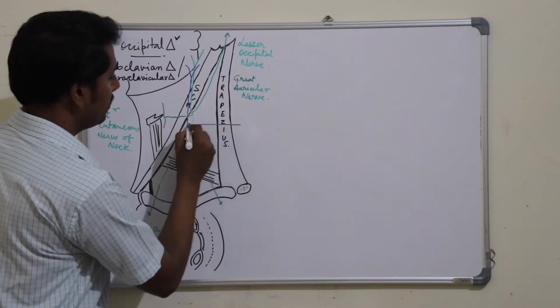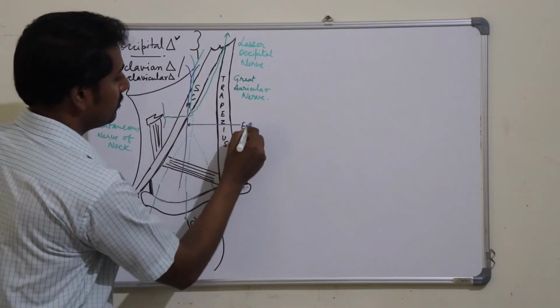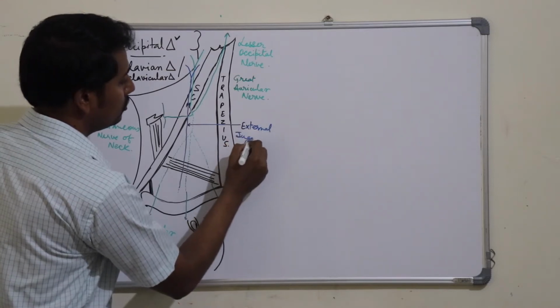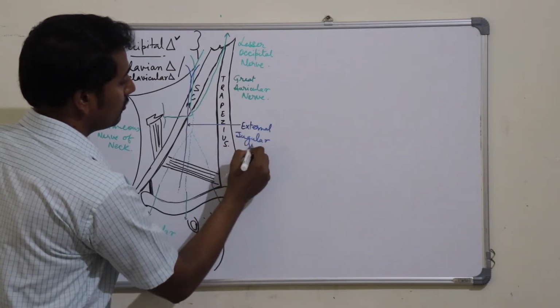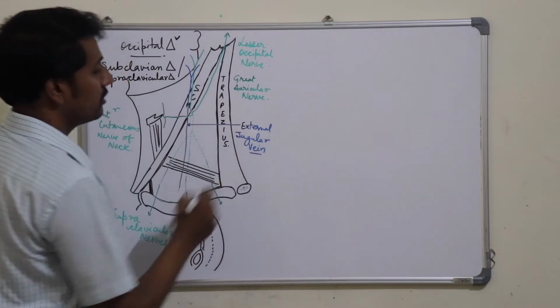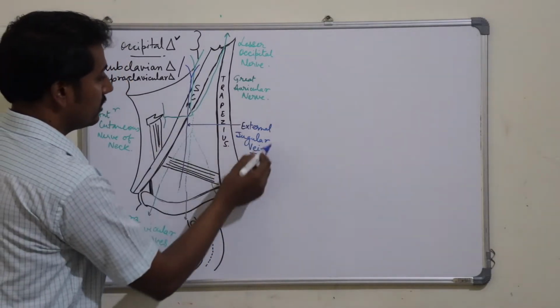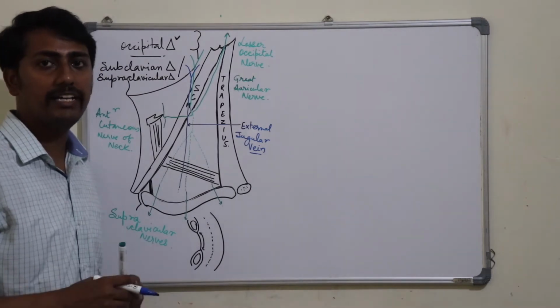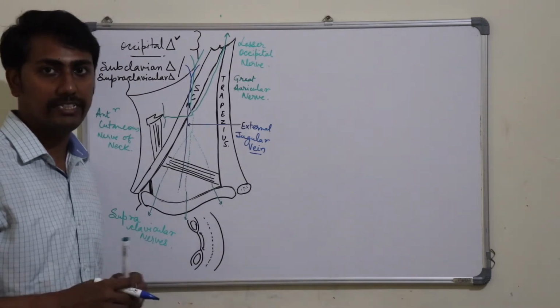So this was the external jugular vein. And this vein is used to see the jugular venous pressure, which directly indicates the pressure of the right atrium.